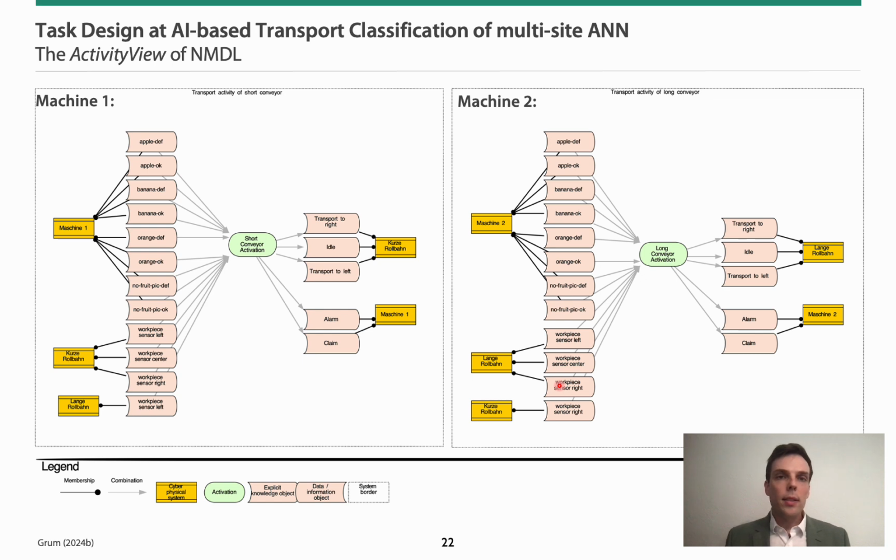The AI-based transport classification combined these kinds of reality perception and derived a decision on these three outputs: the transport to the right in the case of no quality defects, the transport to the left in the case of claims, and the idling in the case of no workpiece carrier available. Further, facing these two modeling items, the AI decided on the availability of an alarm situation and claim presence.